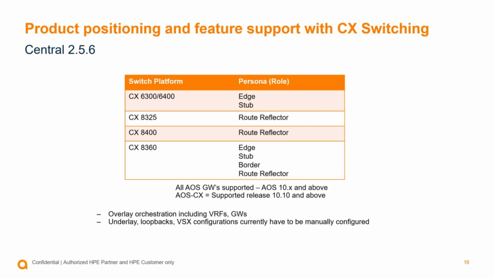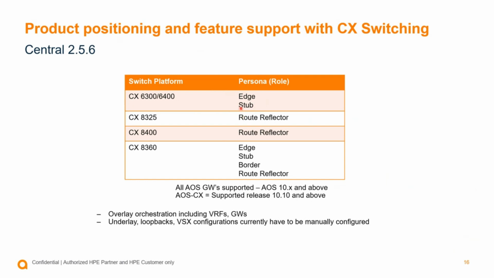So at the edge, at the traditional access layer for campus, we can have a variety of switches in our portfolio as edges. We do have different personas or roles for different places in the network. Some of them are a bit unfamiliar. So edge is for an edge device.